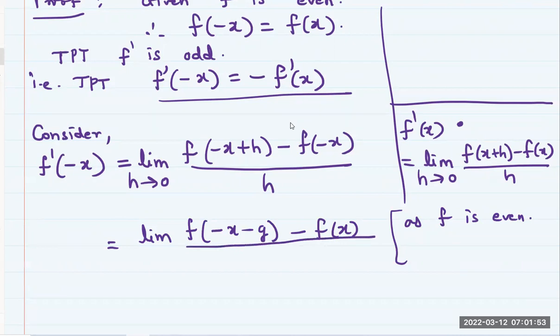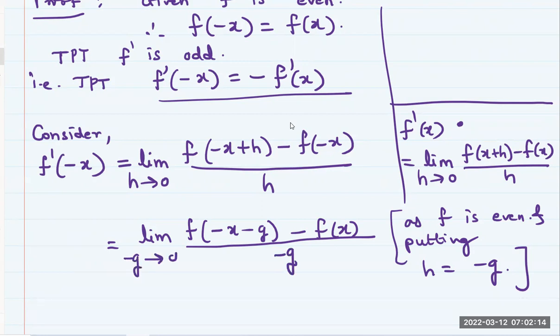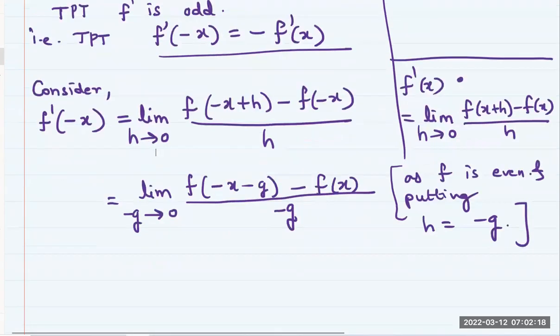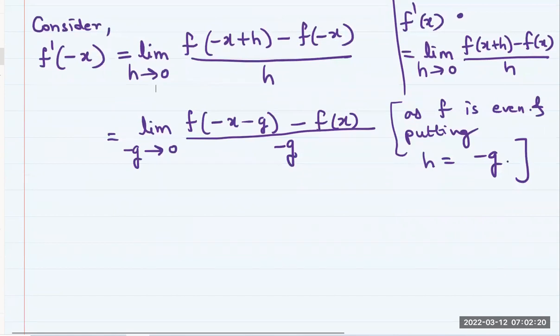So as f is even and putting h equal to minus g. I'm substituting h as minus g. So I'm getting minus x. In place of h, I'm writing minus g. So the denominator will also become minus g. And in place of h, again, I'm writing minus g tends to 0. I'm replacing h by minus g.